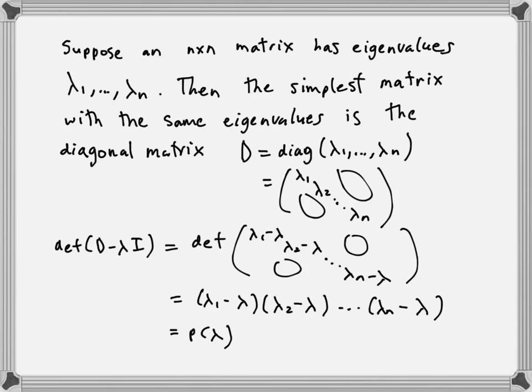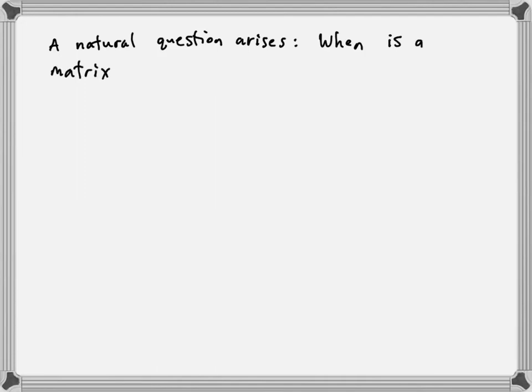So we know that the simplest matrix with the same eigenvalues is a diagonal, so a natural question arises. When is a matrix A similar to a diagonal matrix?